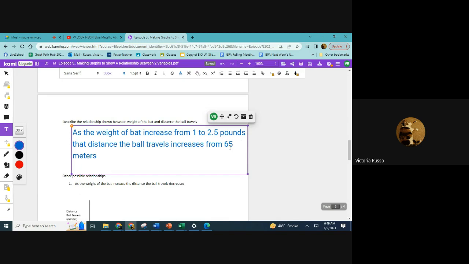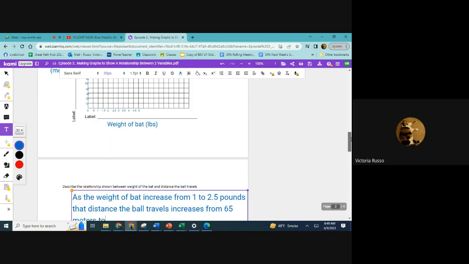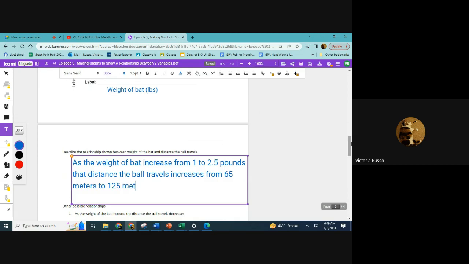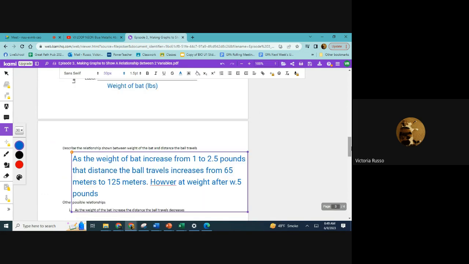And then it increased to, let's see, go back, to 125 meters. Now, we're not done because that doesn't show the entire relationship on the graph. However, at a weight after 2.5 pounds, we will see that the distance that the ball travels starts to decrease.